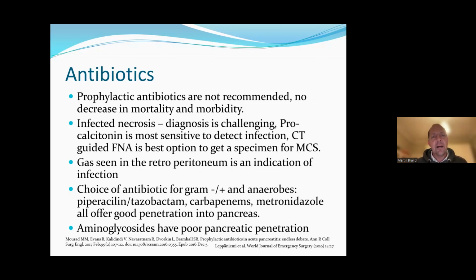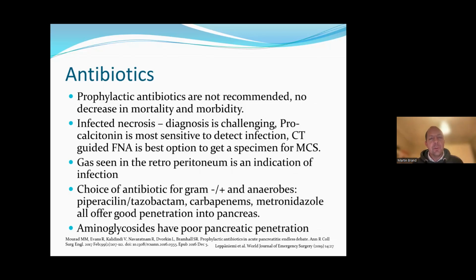However, they went into what kind of sepsis, and it tended to be extra pancreatic sepsis. So, for example, there was a lot lower incidence of UTIs and things like that. There was no real change in the incidence of infected pancreatic necrosis.